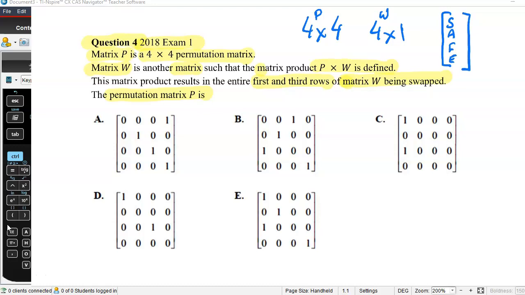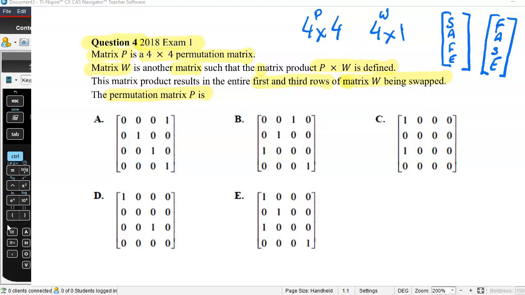So the first and third row being swapped, we want to end up with F-A-S-E, something like that. There's no harm in making up a little word here to help you visualize it.